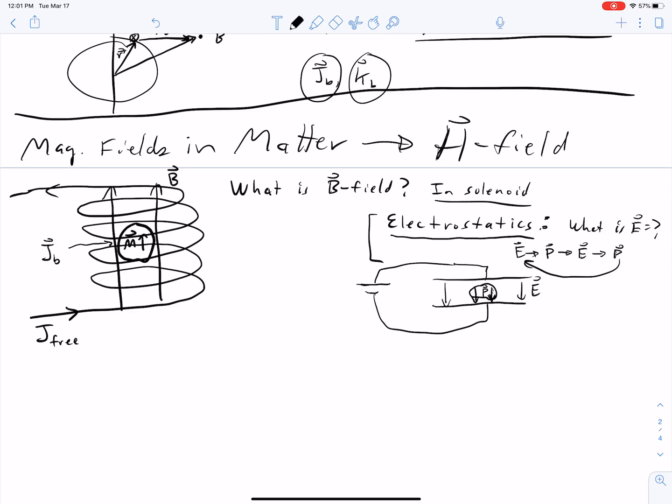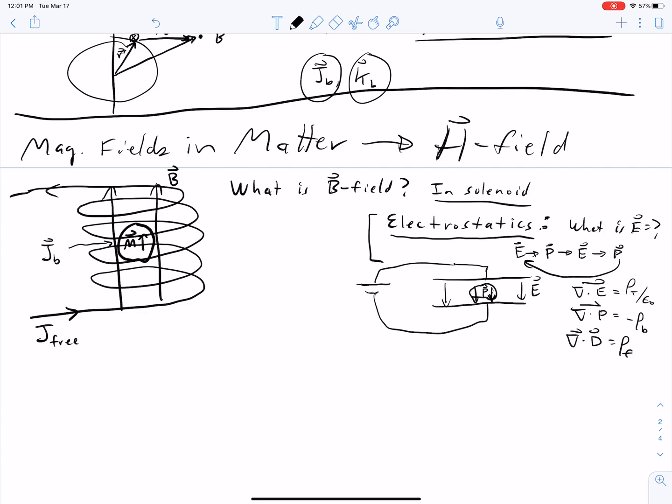But what we did was we looked at all the charge density, and we remembered that we had del dot E is equal to the total charge density over epsilon naught, and then we remembered that the divergence of the polarization vector gave us the bound charge density, and then this allowed us to derive a new field, the D field, D as in dog, and the divergence of the D field came from the free charge.